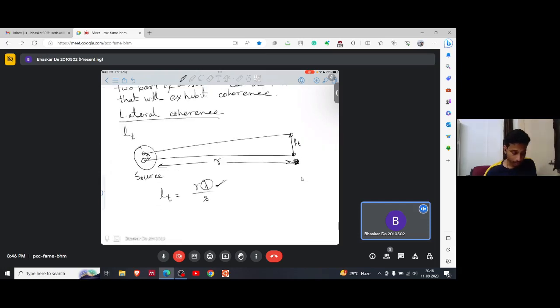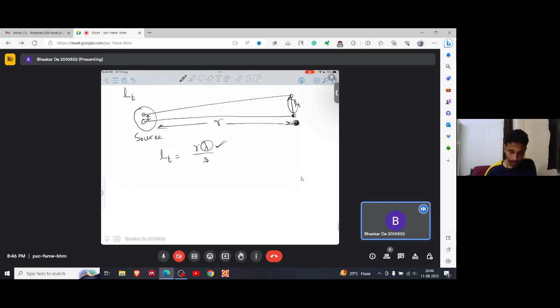But here we are saying that at this distance these two points will stop showing the interference effect, and we know that the basic criteria of exhibiting interference effect is that the two sources will interfere only when the two sources are coherent to each other.